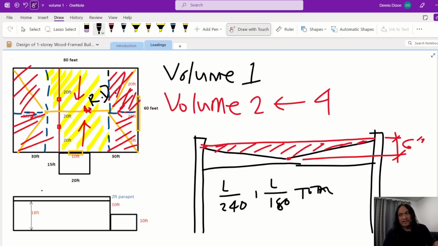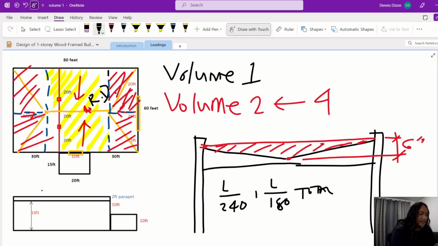That's the worst case. If it's more than that, it's already considered as failed, like the structure. So when the roof truss manufacturer designs the truss, it is designed to meet the maximum deflection of L over 180 for the total load, and L over 240 for the snow load.